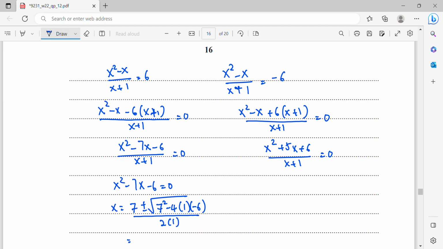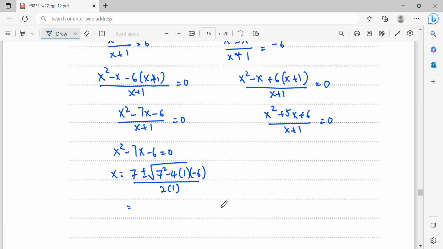So at last, you'll be getting two values. And here, I may factorize. So your x will be minus 2 or minus 3.